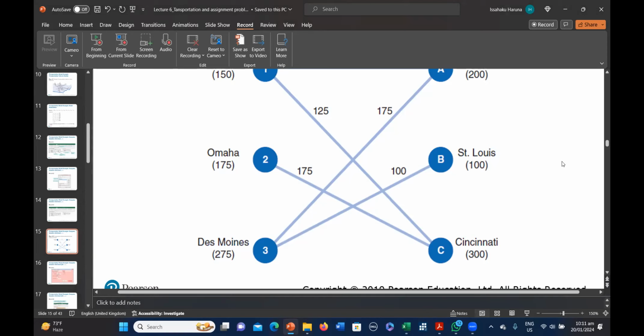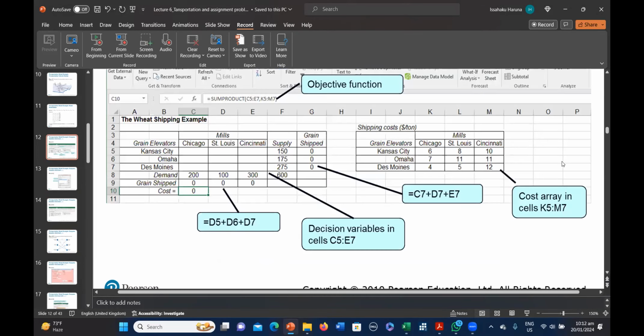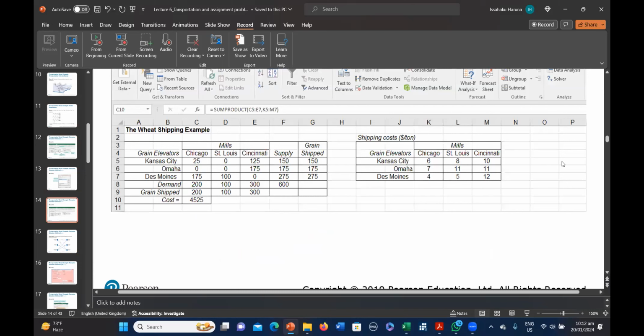So that's what you are using to draw this diagram, using the answers here. Remember, these are the decision variables. Initially they were empty. Now the solution has been provided.